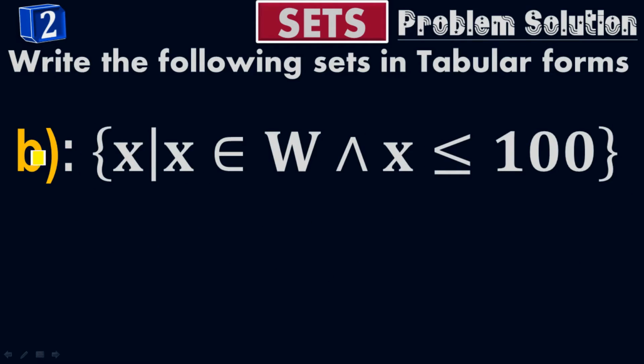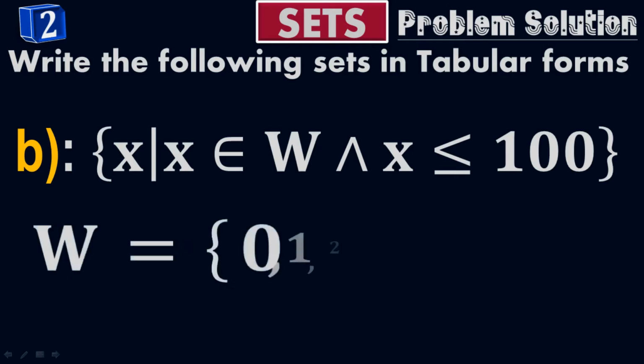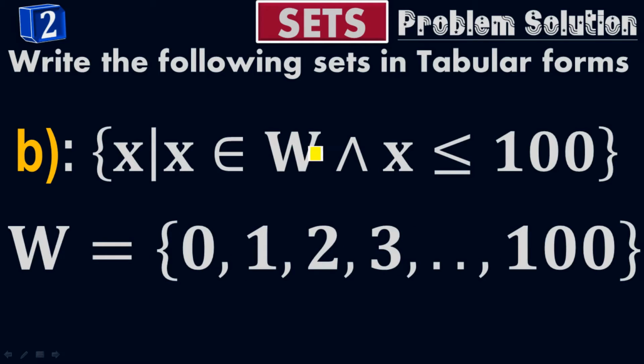Part B, which is the set of all x such that x belongs to whole numbers and x is less than or equal to 100. This is going to be the tabular form, where W represents whole numbers. So W equals 0, 1, 2, 3, 4, 5, 6, 7, 8, 9 up to 100.